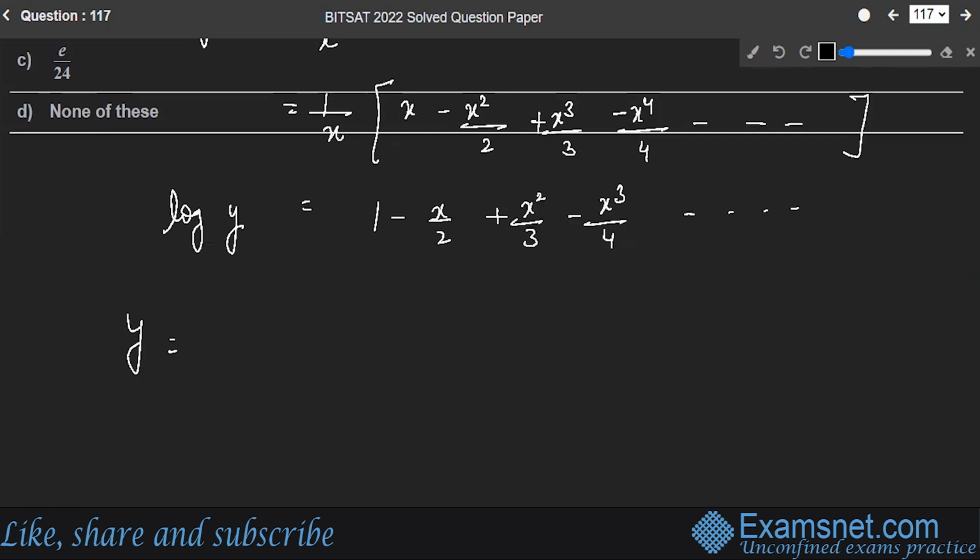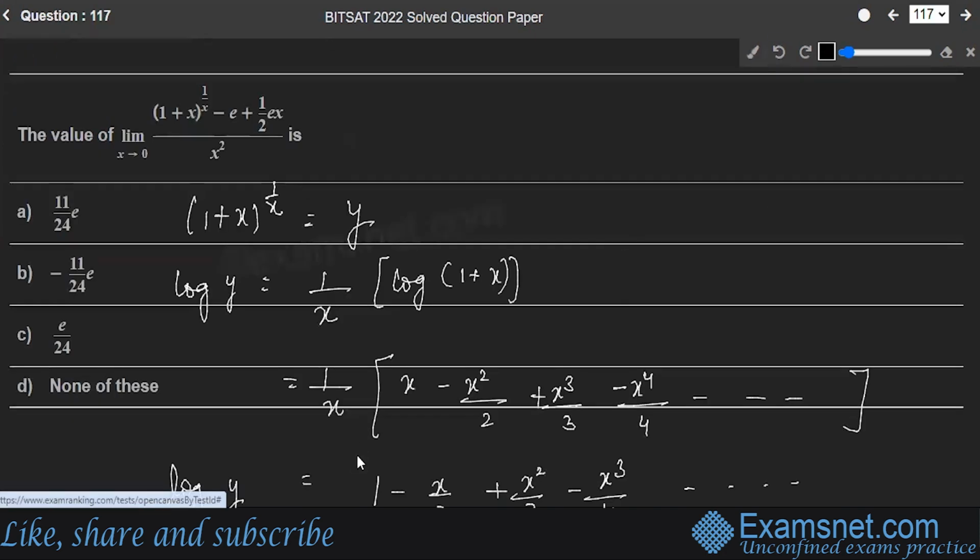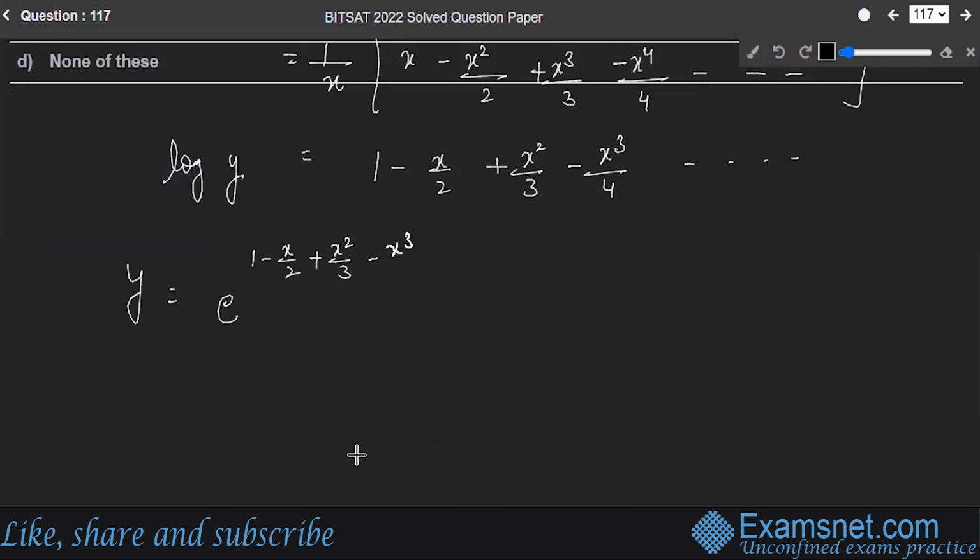So that means y will be equal to e power 1 minus this plus this minus this minus x cube upon 4, so on. Right. So this can be like I'm writing e power 1 into e power minus x by 2 plus x square by 3 minus x cube by 4, so on. Hope you're clear with this.